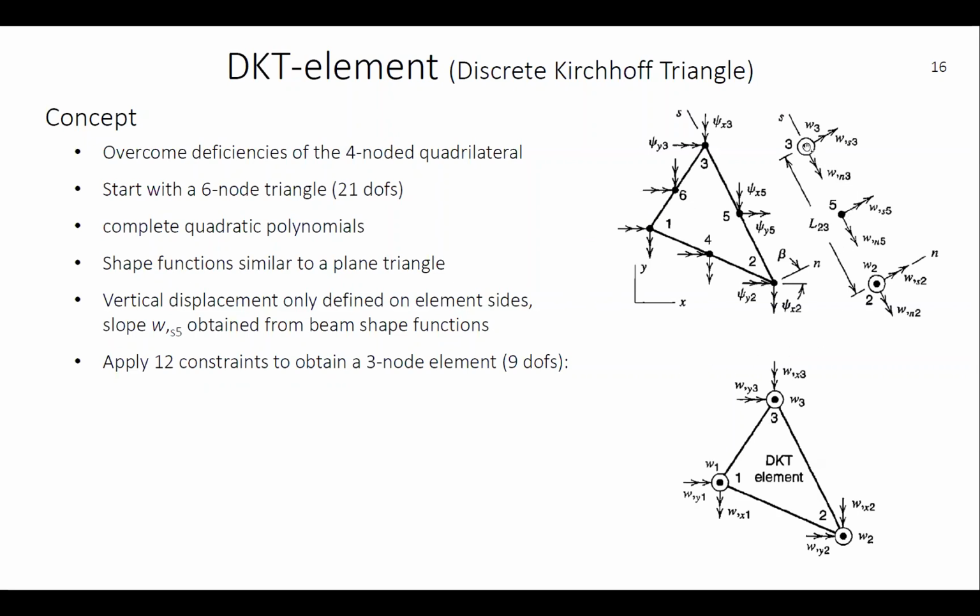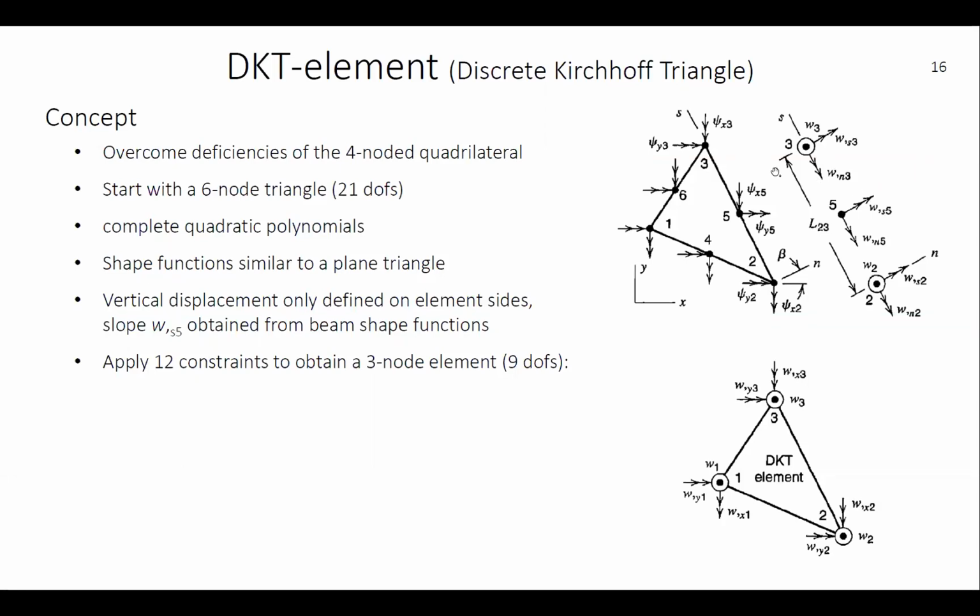So you will have something similar to beam bending along the edges here, for instance. So we will illustrate briefly how the slope, say at node number 5, is defined using the beam shape functions.